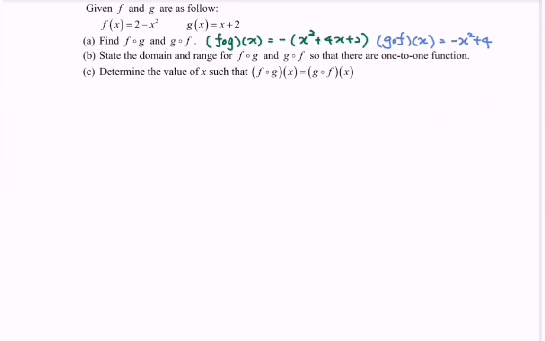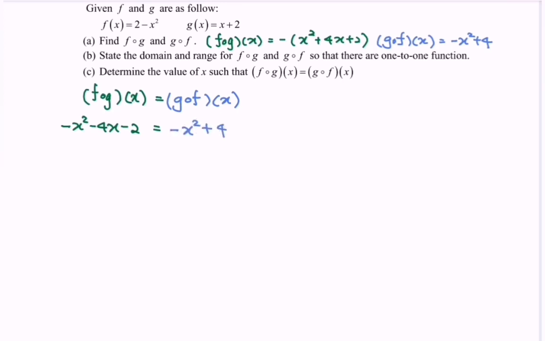Next, refer to part C. Determine the value of x such that f∘g equals g∘f. So here we have f∘g equals g∘f. Continue, kindly substitute. Here we have negative x squared minus 4x minus 2 equals negative x squared plus 4.